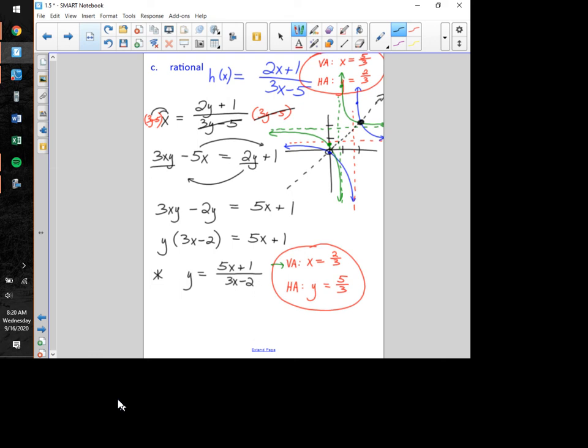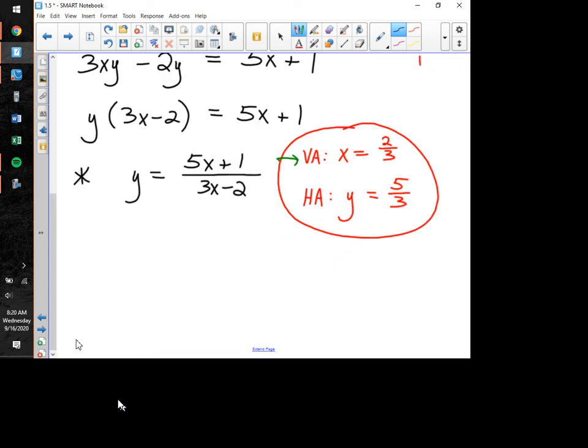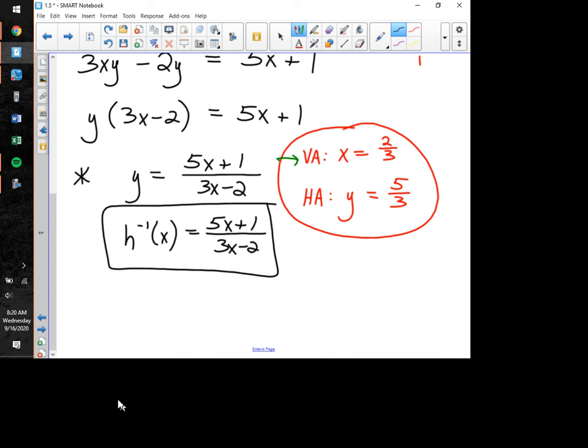Yeah, it is, everybody. It passes the vertical line test, so we can go ahead and rename this inverse here as h inverse of x is equal to (5x plus 1) over (3x minus 2). And back to the question, the way they would phrase it in the book, yes, h inverse exists because we found it and it is a function.